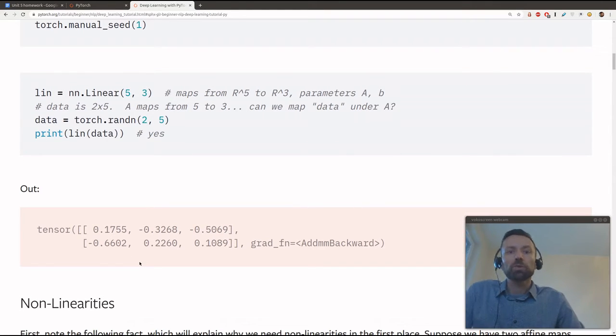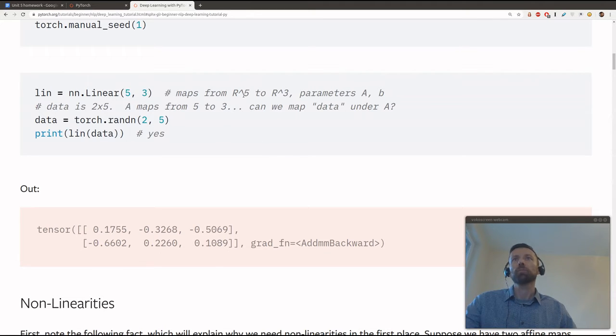The main thing which we have to consider here is the dimensionality of the inputs and the outputs. So if you know that, for example, your input is a word embedding with 300 dimensions, and you want an output layer with, let's say, 5 elements, then you have to define this linear layer with 300, 5.